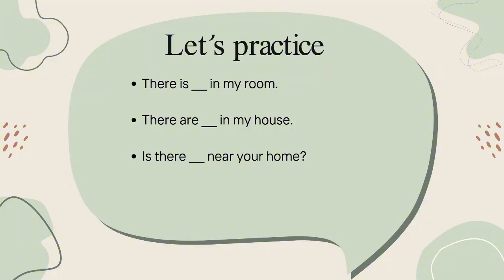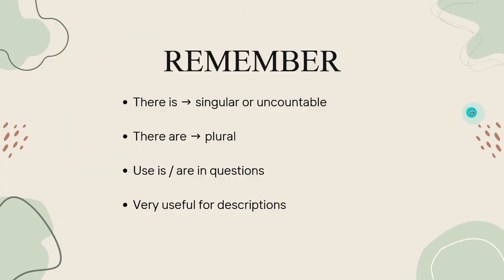Maybe you will answer there is a cat in my room, or maybe there are some dogs in my home, or is there any bar near your home? So let me know in the comments what your answer would be, and I will be reviewing them.